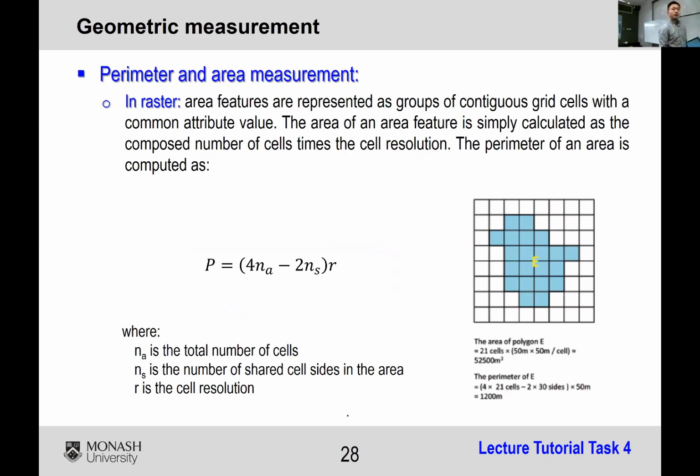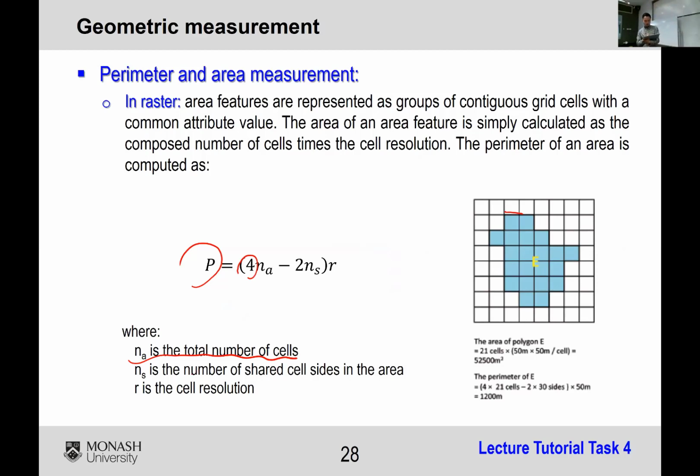With raster data, as you can imagine, it's much easier to calculate the volume and the area, but it's a bit trickier to calculate the perimeter. Again, we're using the cell resolution, so we know the length of each cell. The perimeter equals the total number of cells multiplied by 4, so that's all the sides, right?